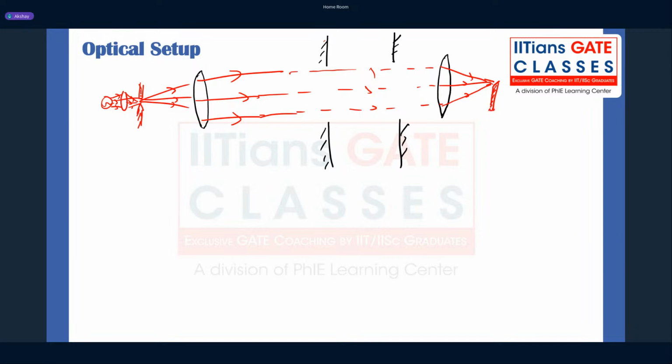Why we are keeping this knife edge, I am going to tell a little later. After the knife edge, the light again diverges, and here you will keep a lens, or you will record it through a camera. The camera also has a lens, so you keep the camera over there to record it.